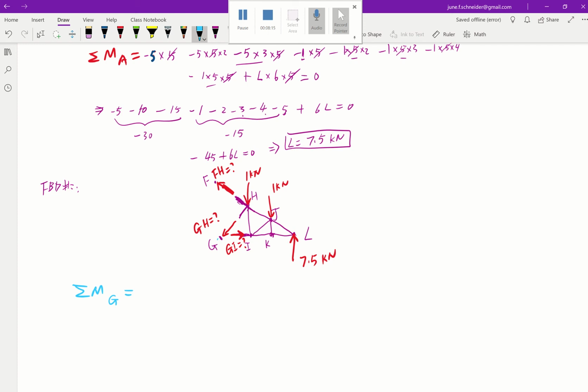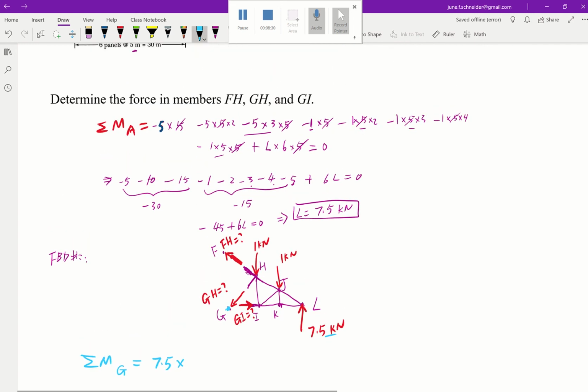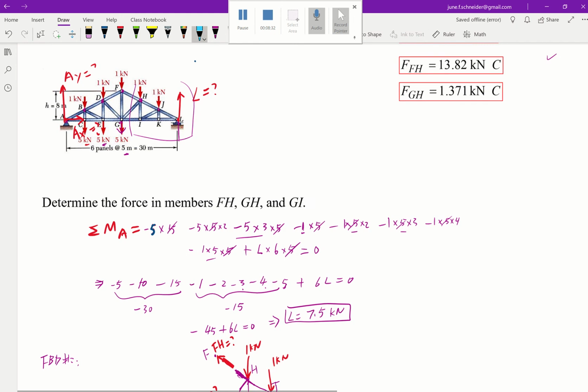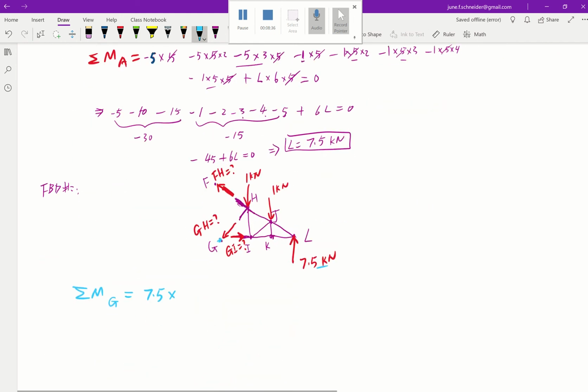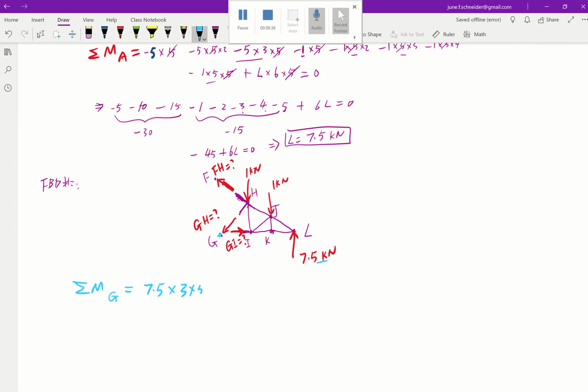We can indeed solve FH because GH and GI go through point G. So in that situation, we have 7.5 right here, and we're rotating about G here. So what's the moment arm? It will be this length, and that will be 3 panels. That's going to go in clockwise rotation, so that's plus.